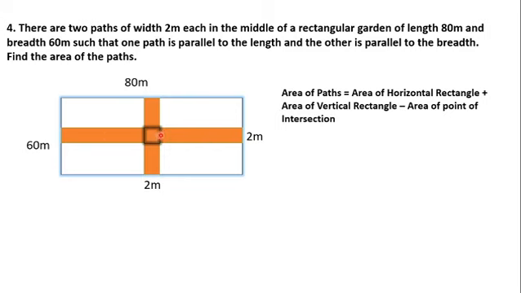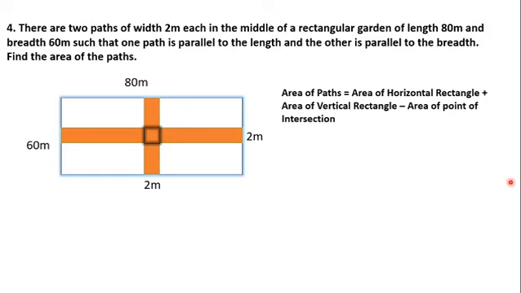It was part of the area that we counted. And then when we went through the vertical line as well, it was also part of the area counted. So we have counted that point twice, just like the point of intersection in your set theory, if you remember that. Okay, we have counted it twice, and so for us to get an accurate answer, we have to subtract that area once, from the summation of the other areas of these rectangles.